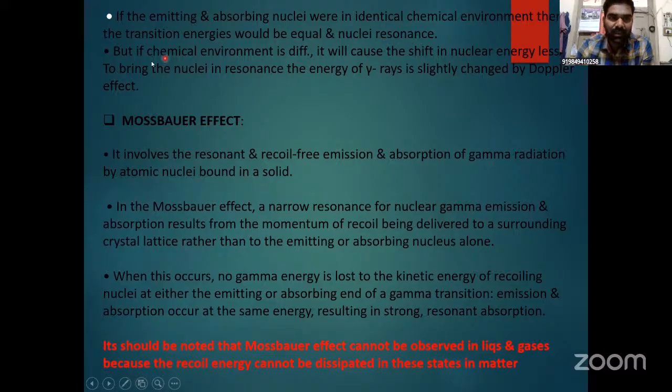But when the chemical environment of the emitting and absorbing nuclei is different, it will cause a shift in nuclear energy levels. So there will be nuclear energy loss when the absorbing and emitting nuclei are in different chemical environments.